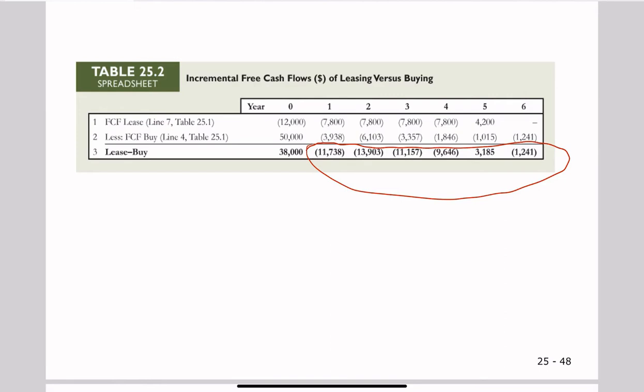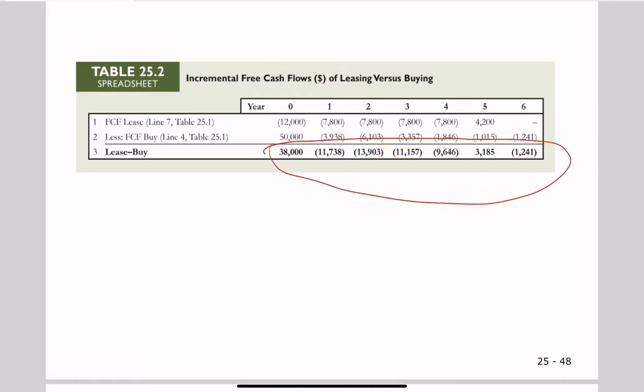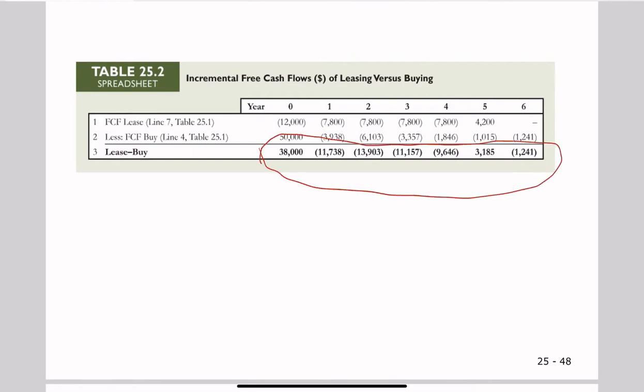And then the second way is quite simple. You will basically just calculate the NPV of all these cash flows. And if you find out it's a negative NPV project, then you would say that leasing is undesirable compared with buying. And then the third is to use IRR. You will look for a discount rate which makes sure the NPV of these cash flows equals 0, and that is your IRR.